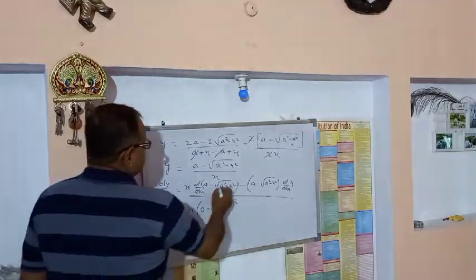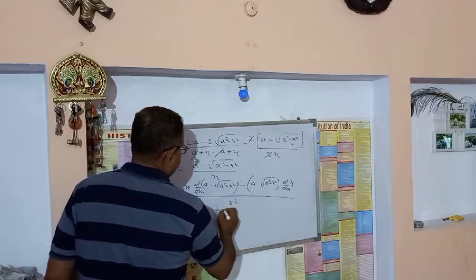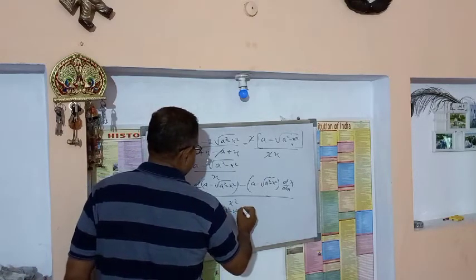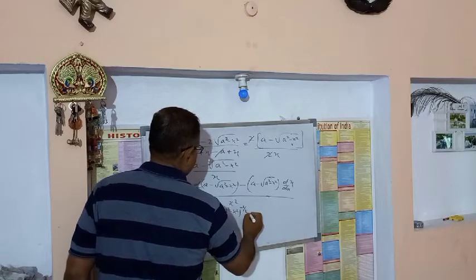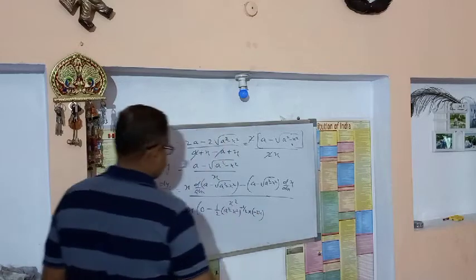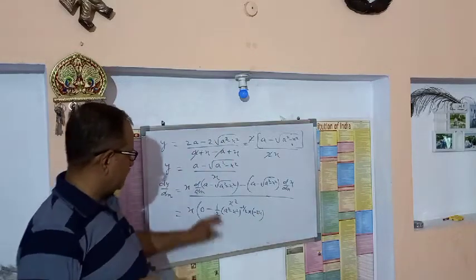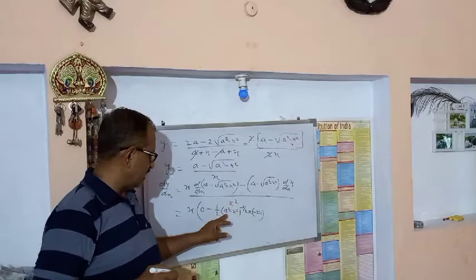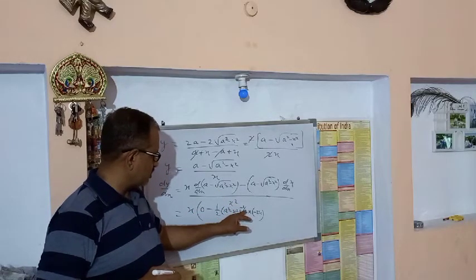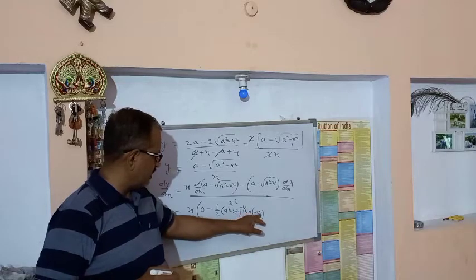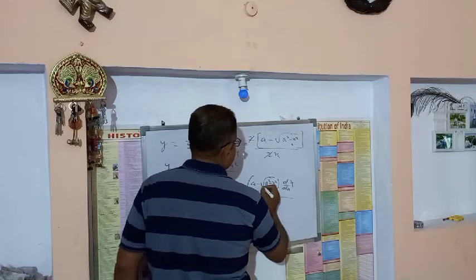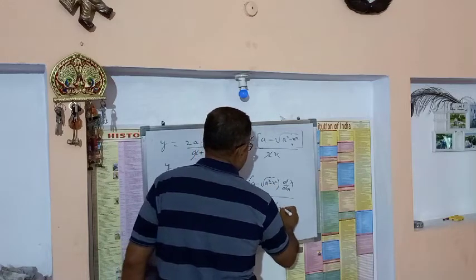It will be 1 by 2 a square minus x square to the power minus 1 by 2 into minus 2x.